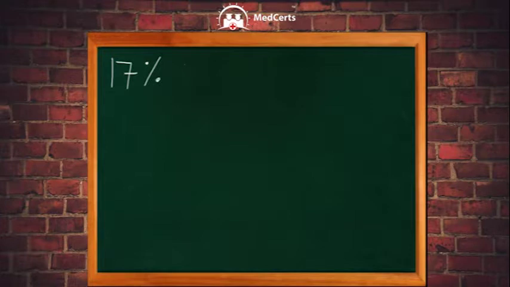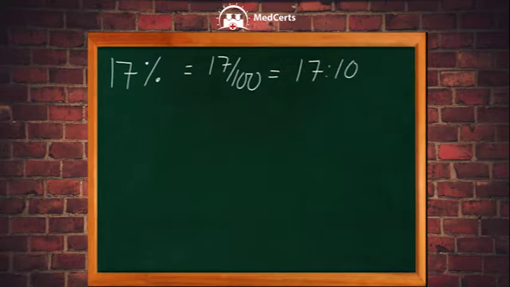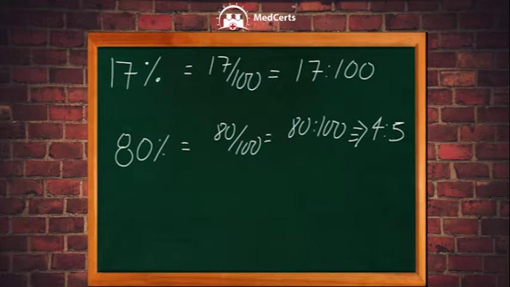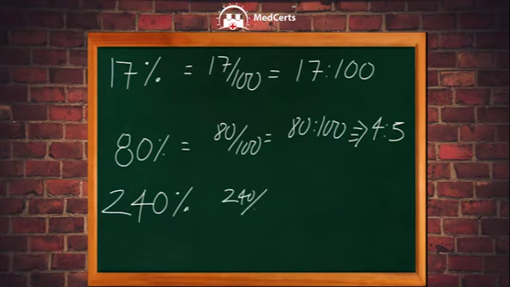17% follows the rule of expressing as a part over whole, which is 17 over 100. And as a ratio, it'll be 17 to 100. 80% is 80 over 100. As a ratio, it's 80 to 100. From here, we can reduce down because we have a common number, and we can take this down to 4 over 5 because a common number would be 20. 240% will be expressed as 240 over 100.